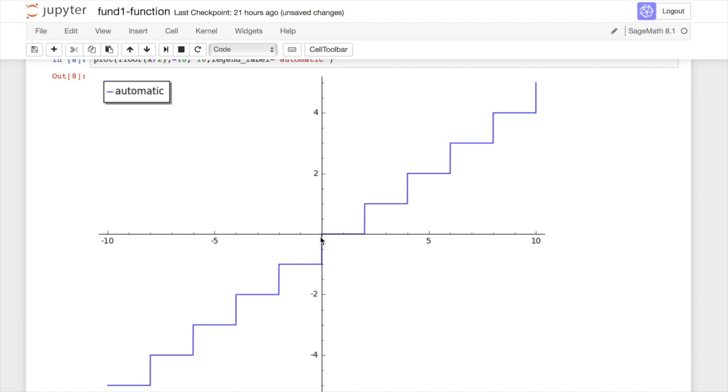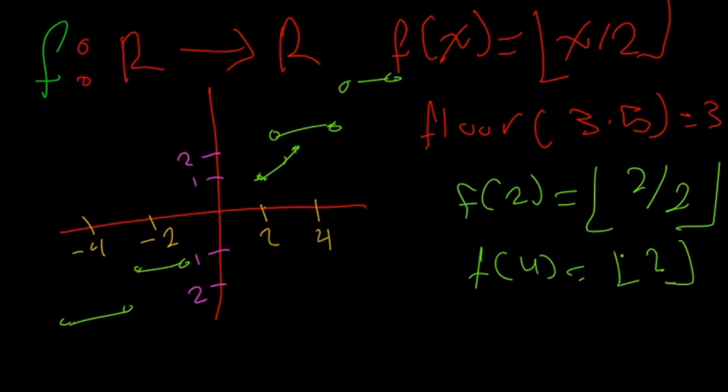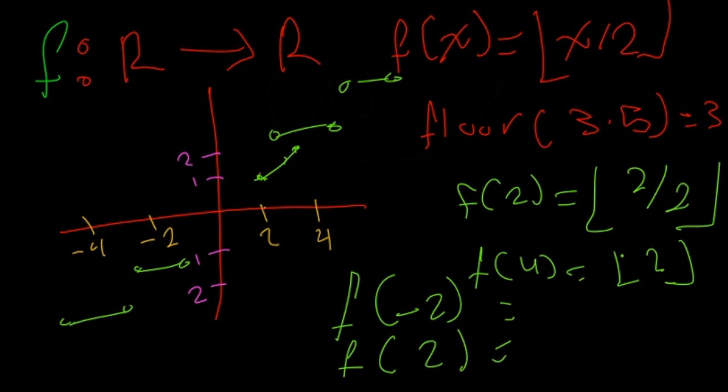Okay, now the second part of this question asks: is this function 1 to 1? I don't agree, because take for example f of minus 2 and f of 2, both going to minus 1 and 1. They are very close to each other.